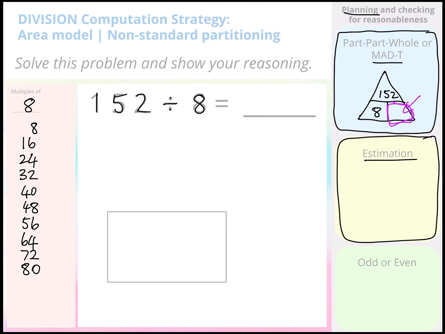Okay, so let's have a look at 152. Which fact here is close that we can use as an extended fact? I've got 16, so I know that 8 times 2 equals 16, so that means 8 times 20 equals 160. So I'm going to use that fact to help me with my estimation.